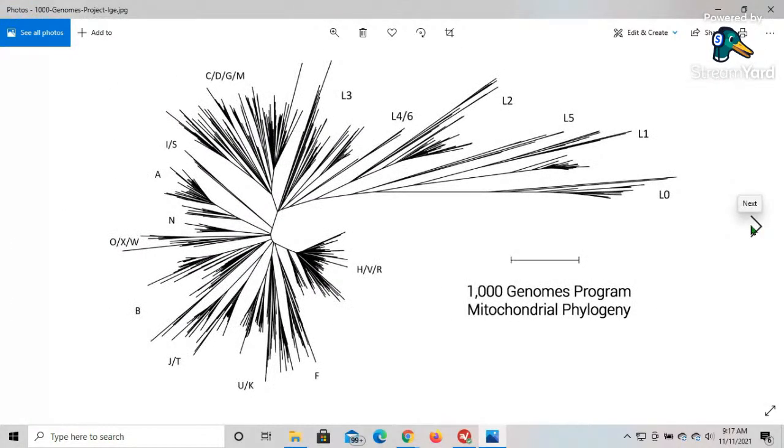Very well respected, by the way. And you can see specific genetic distance between here and here and here and here. In other words, this group here has genetic distance from this group here, and there's genetic distance between both of these and this group here.